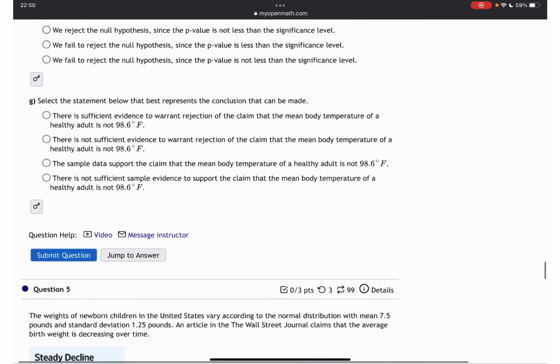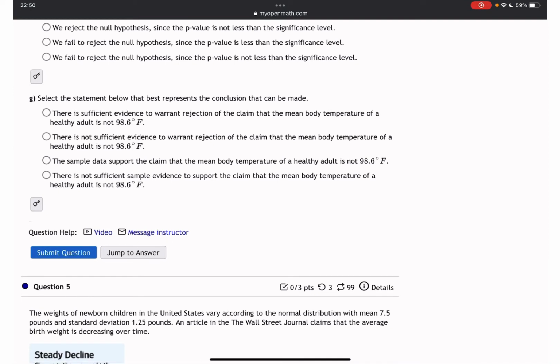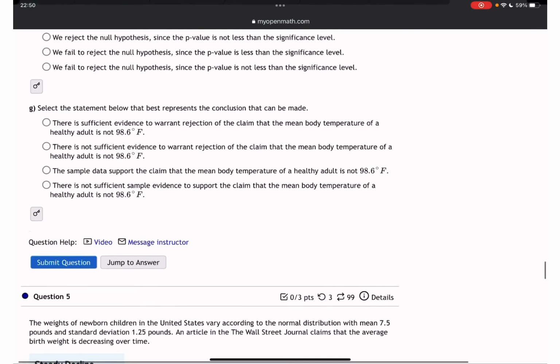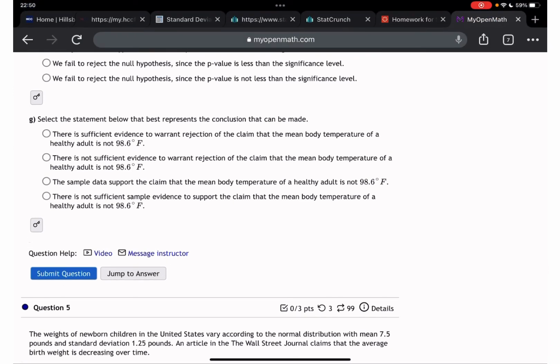Okay. Now select statement below. So if we reject null hypothesis, right? That means we support our sample data, support the claim that mean body temperature is not 98.6, because our claim was it's not 98.6, right?